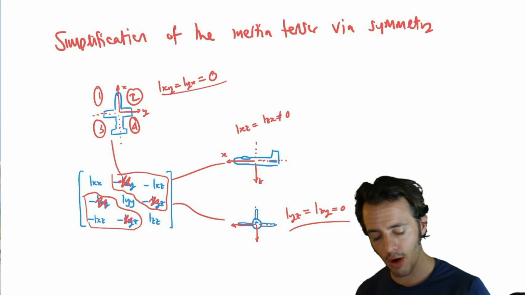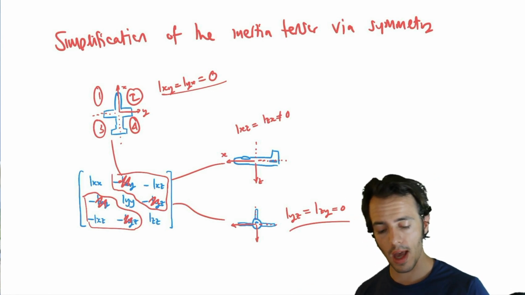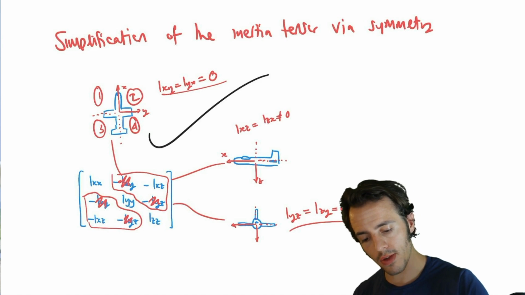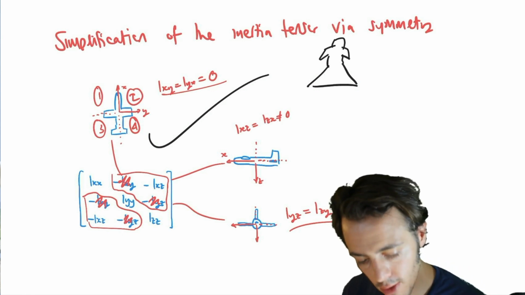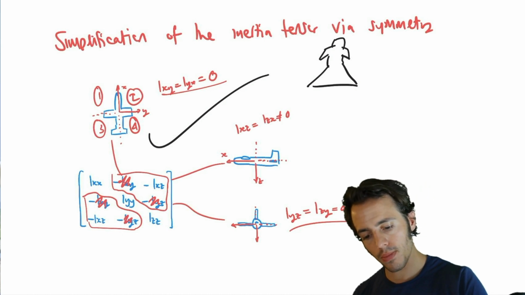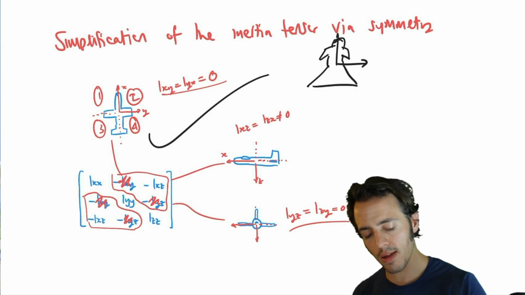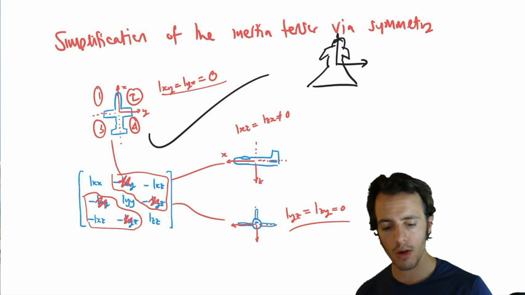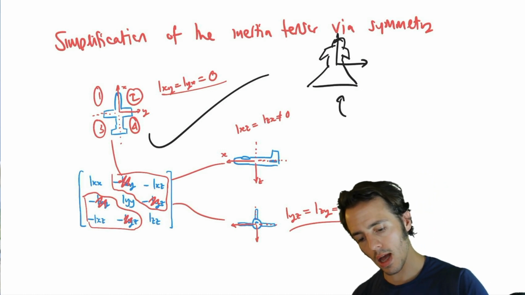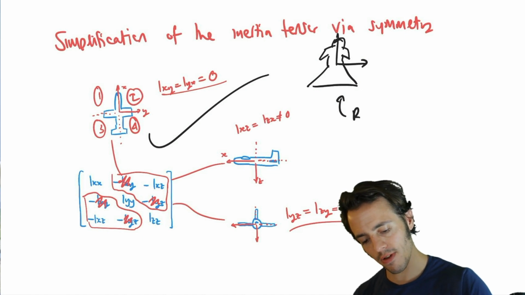You might have a given aircraft, let's say with a big delta wing, canards at the front. Horrible canards just drawn. This looks like a ghost wearing a dress. For an aircraft shaped like this, you probably can't get away with assuming that IXY is equal to 0. So remember the Rafale, or a ghost in a dress.